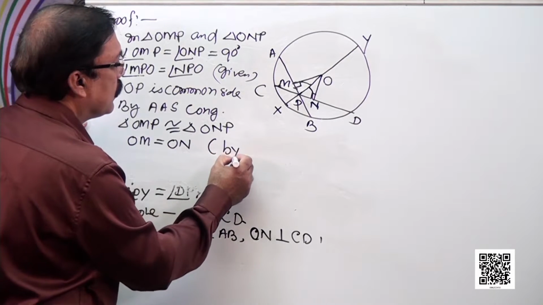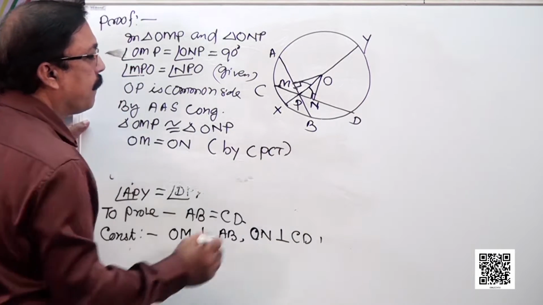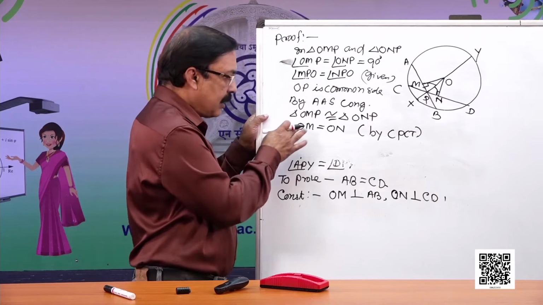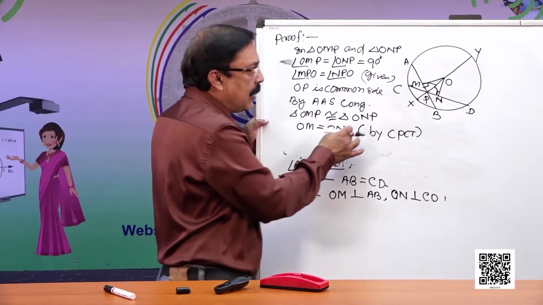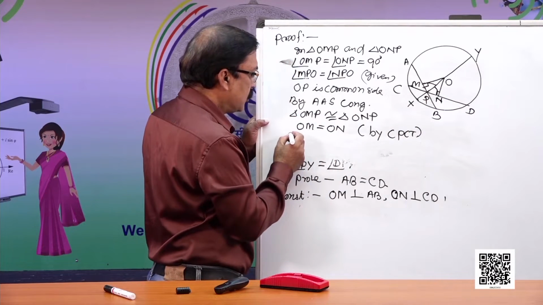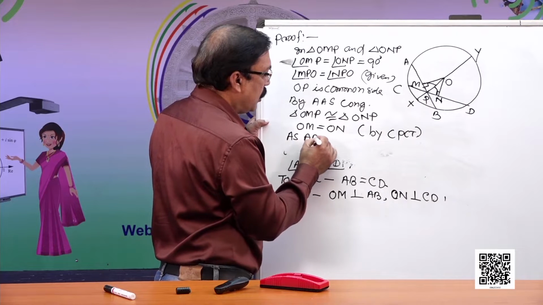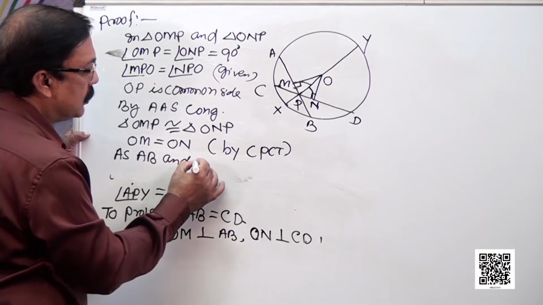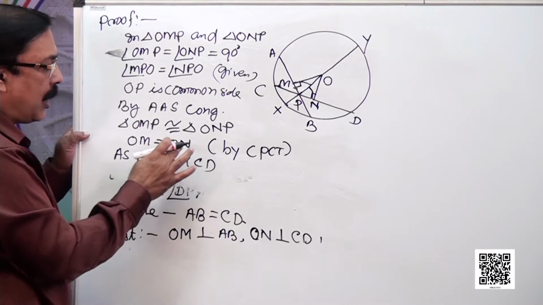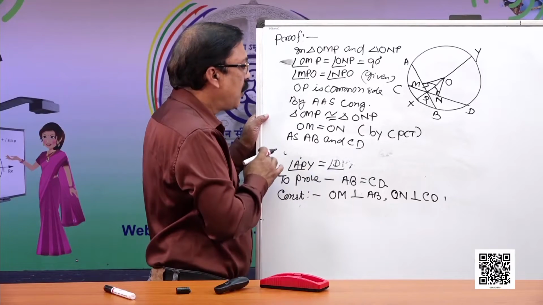By, in short form, we can write CPCT. As OM and ON are distances of the chords from the center, so OM and ON are the distances of AB and CD from the center.